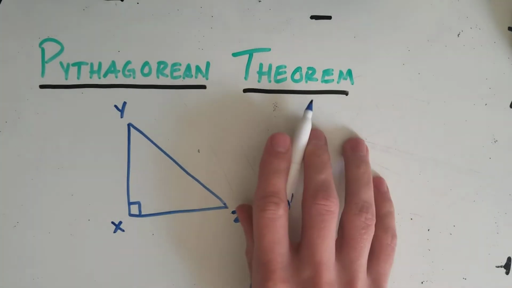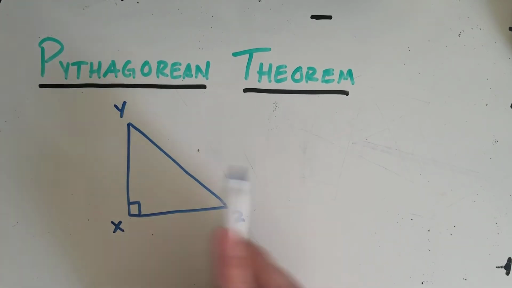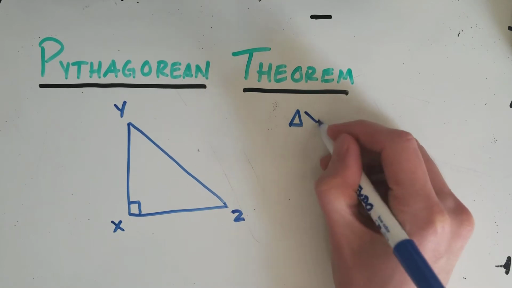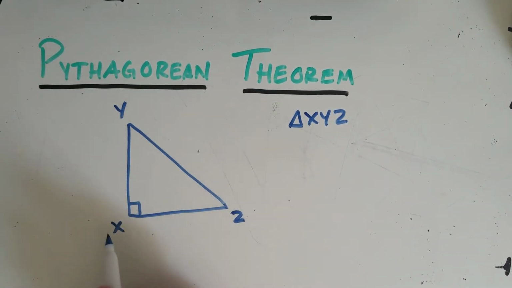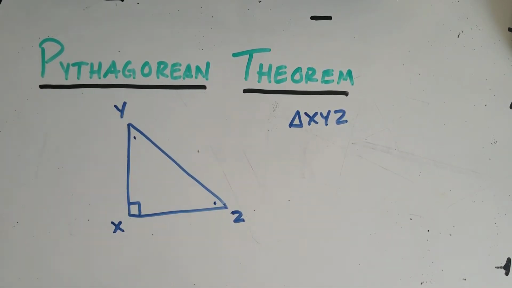So before we talk about what this theorem gives us, we're just going to talk about right triangles. Right triangles, like this triangle XYZ, are triangles that have a right angle. Whenever you have a right triangle, you have certain parts of it. In a right triangle there's one right angle and two acute angles. Angle Y and angle Z are acute angles.